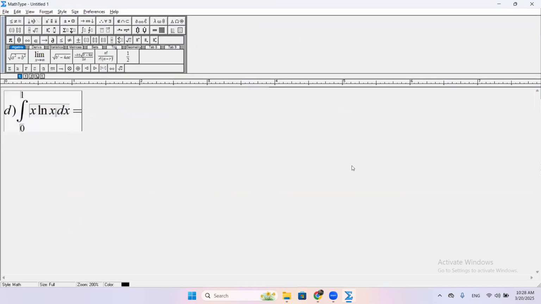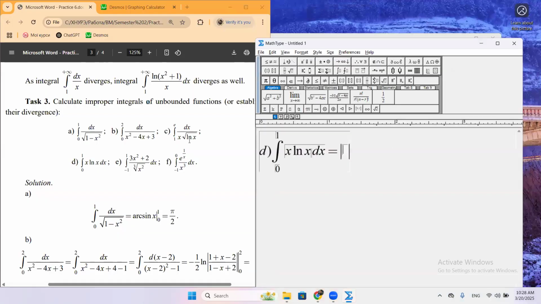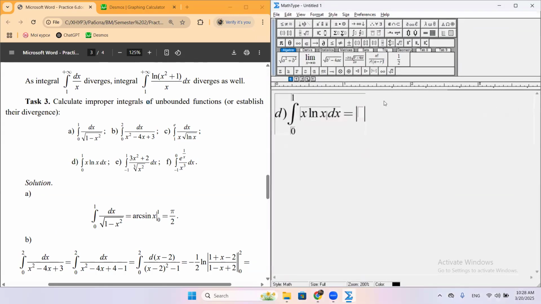Let's integrate it by parts. By the way, here 0 is a singularity point, and in the previous case 1 was the singularity point, so division by 0.